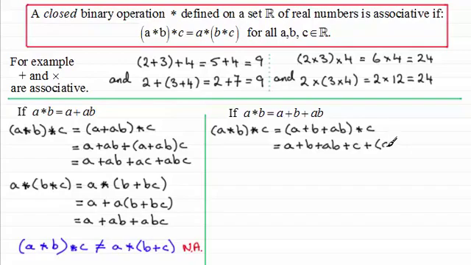So we've got A plus B plus AB, and that is all multiplied with C.